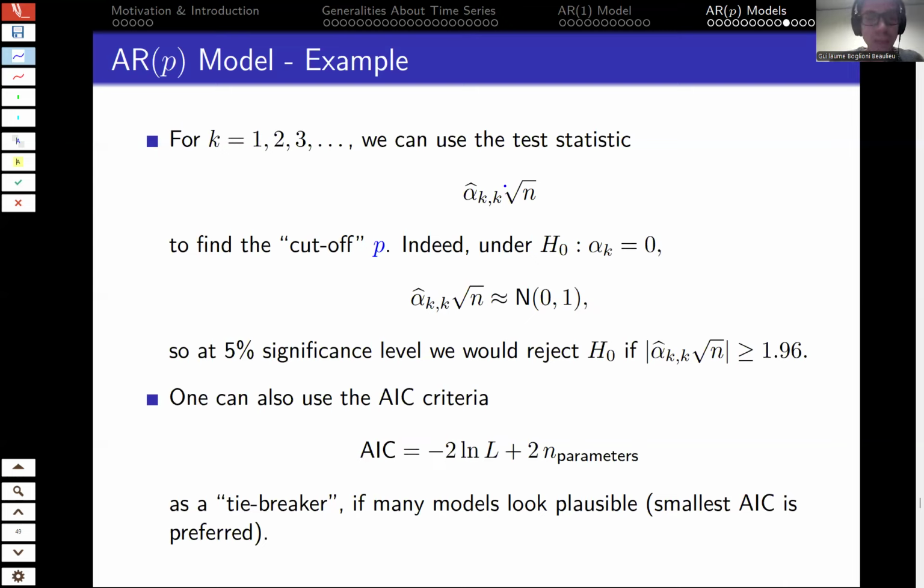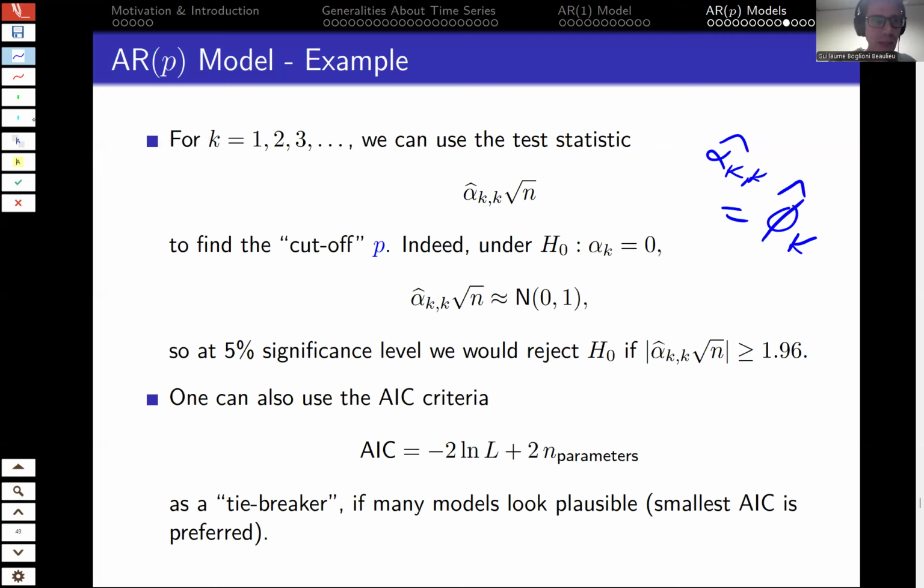Yeah, so to judge the significance of this alpha hat kk, which again, maybe I should write this explicitly, alpha hat kk, this is the estimate of your partial autocorrelation at lag k. To judge the significance, you just use the statistic.